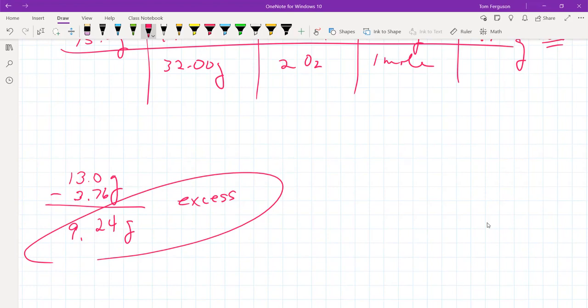But like with the 10 frames building 5 bicycles, we have 5 frames left over. And how do you know how many frames you've used? That's the third step. How much of the one in excess is used? So you use your limiting reactant as your starting point, and then your excess is the other one.